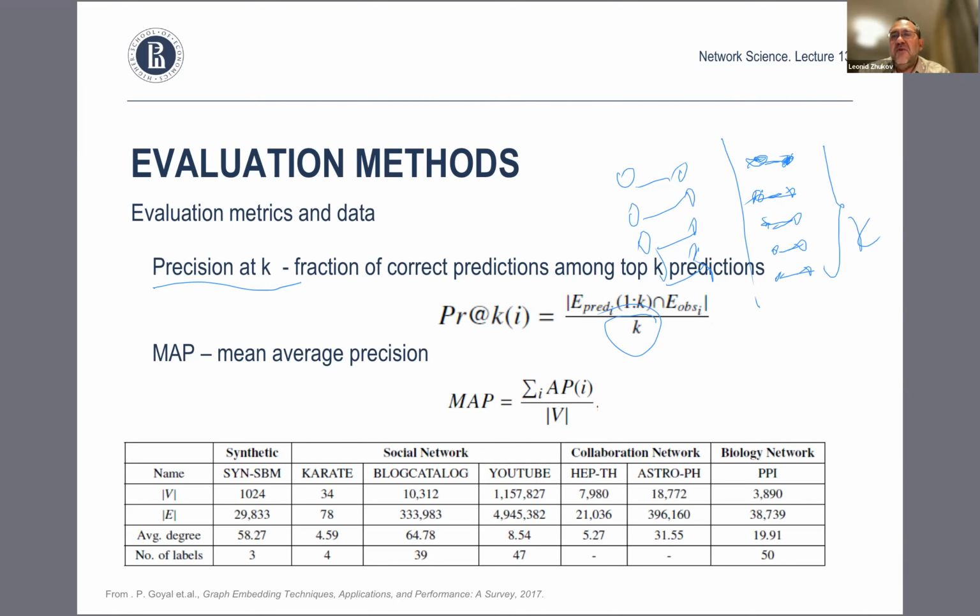Now they run it on multiple types of networks, from the karate network, which is a small network, to pretty large ones like the YouTube network, which is a social network of YouTube users, and also networks like AstroPH, which is a collaboration network in astrophysics.